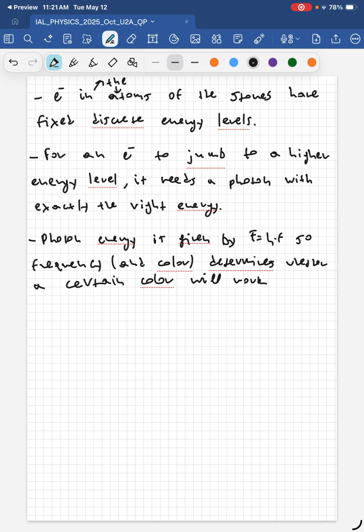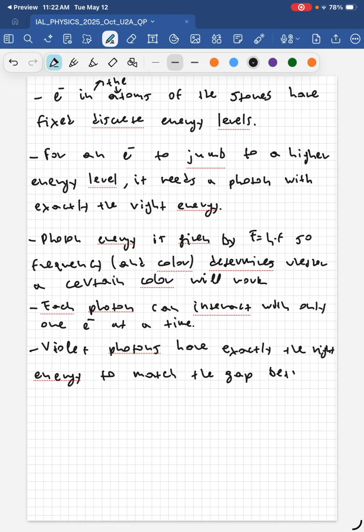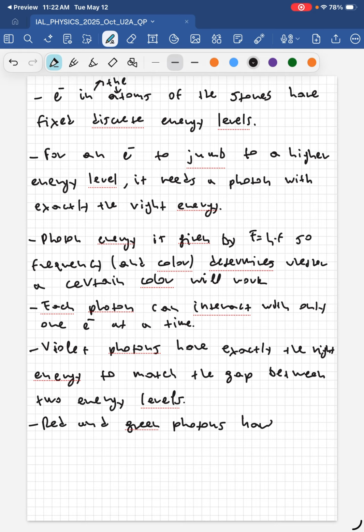Each photon can interact with only one electron at a time. Violet photons have exactly the right energy to match the gap between two energy levels in the material. So red and green photons have the wrong energy, so nothing happens.